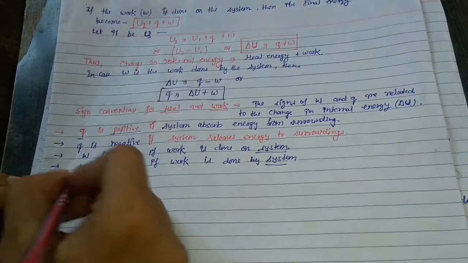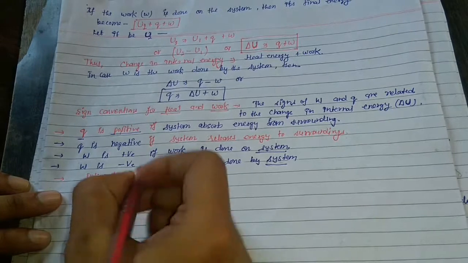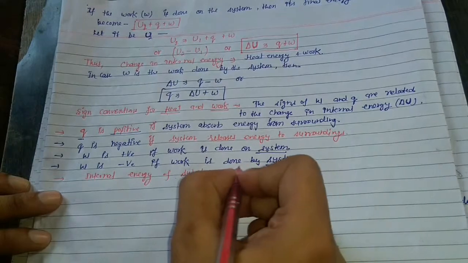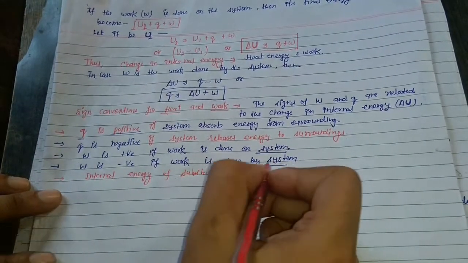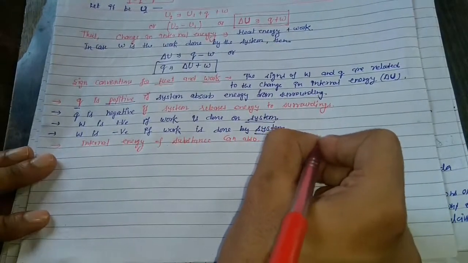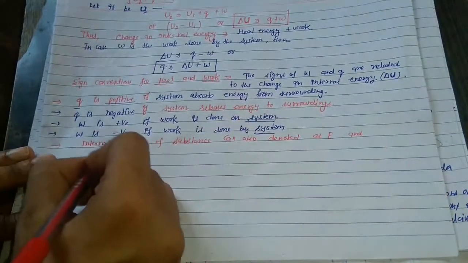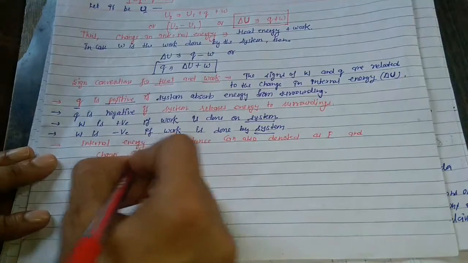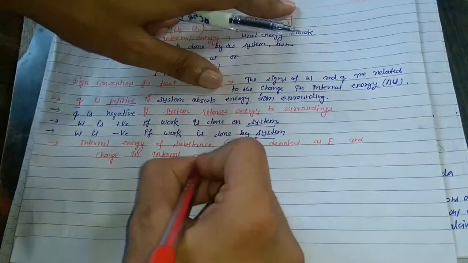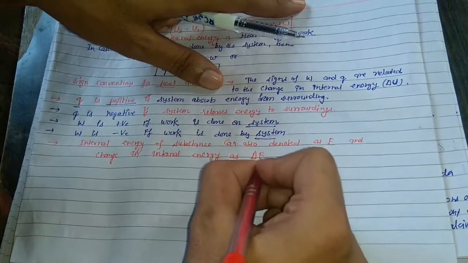Internal energy of a substance can also be denoted as E and change in internal energy as del E.